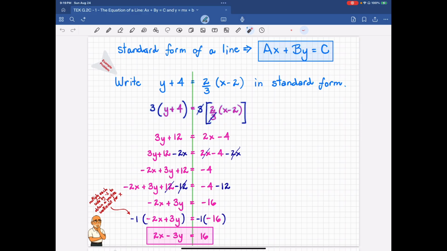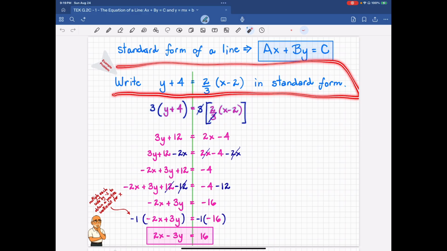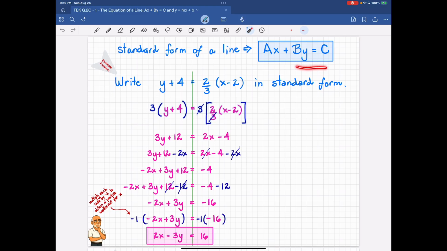An example problem would look like this. The instructions read, write y plus 4 equals 2/3 x minus 2 in standard form. Now notice, they want you to put this equation right here into this format where you have something times x plus something times y equals c.